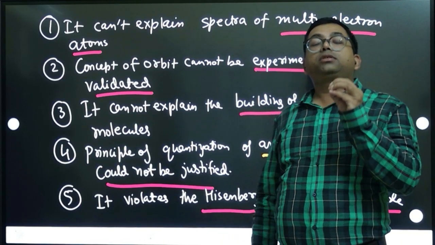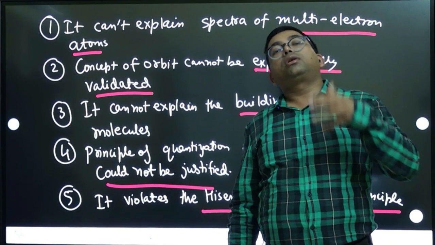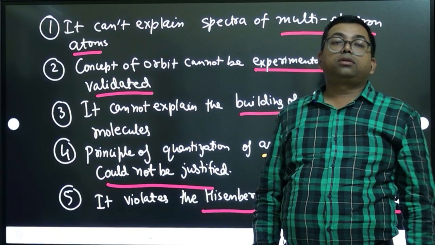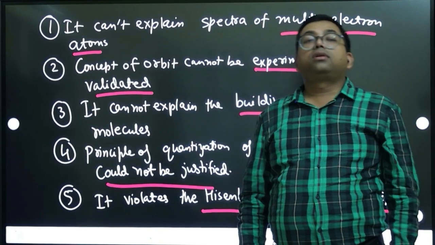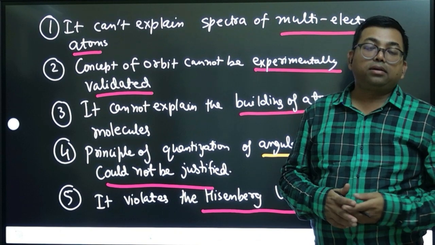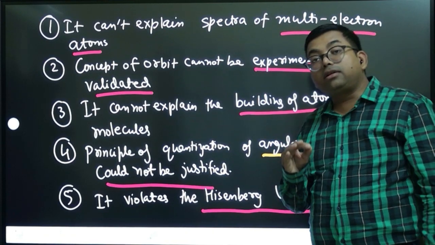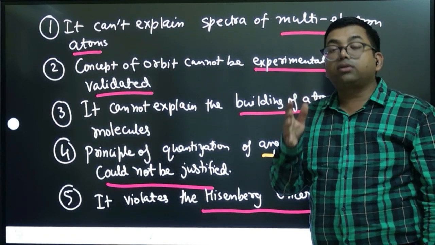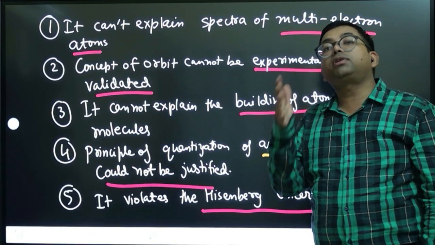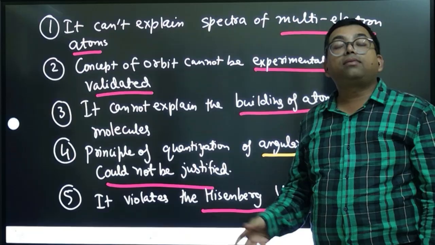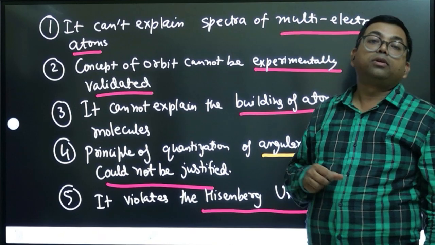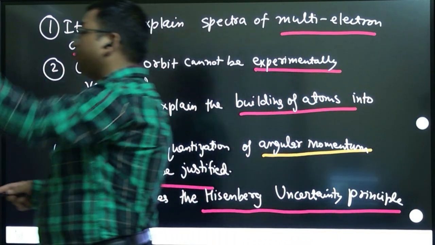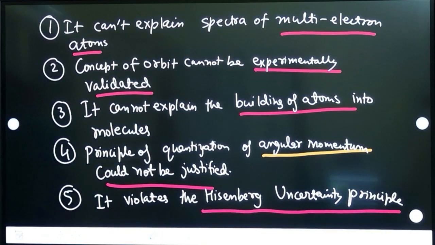If you measure position, you cannot measure momentum or velocity, and vice versa. But Bohr's model gives a definite position and definite velocity, which goes against the Heisenberg uncertainty principle. These are the five important limitations of this model.